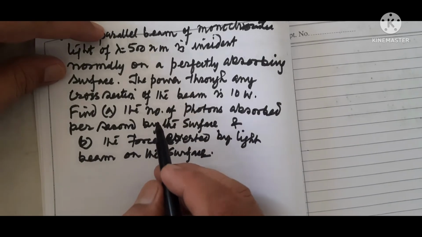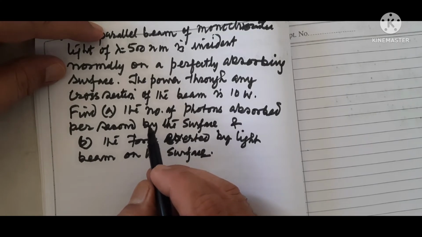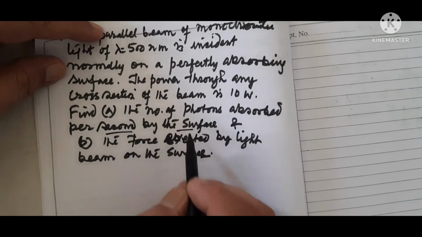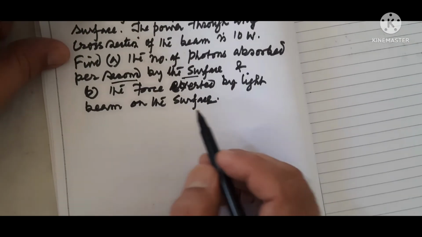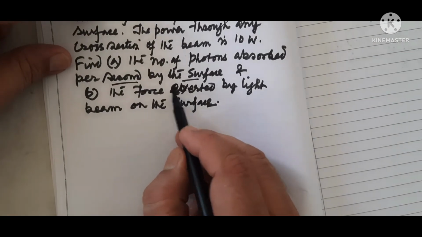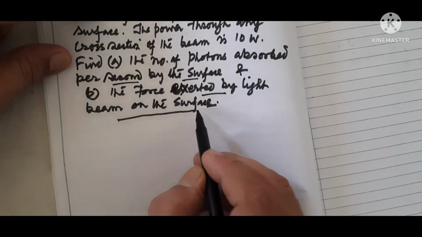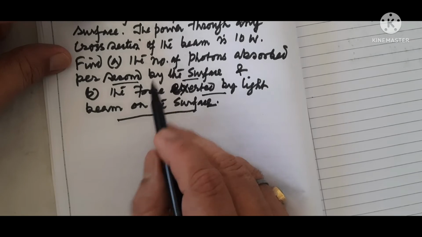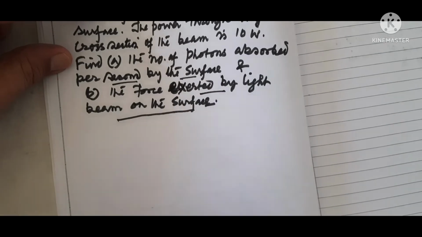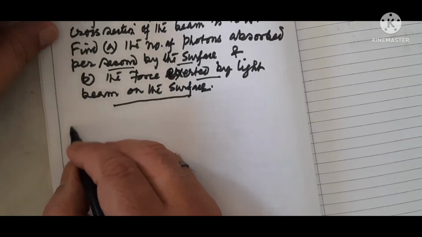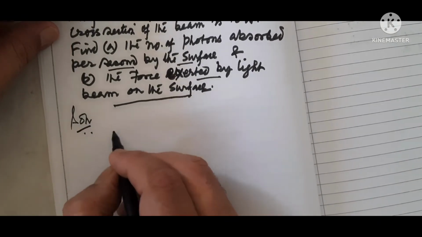Find A, the number of photons absorbed per second by the surface, and B, the force exerted by the light beam on the surface. Two things we have to find out: the number of photons absorbed per second by the surface and the force exerted. So how are we going to solve it?